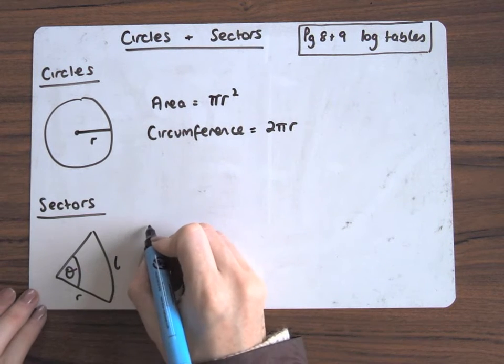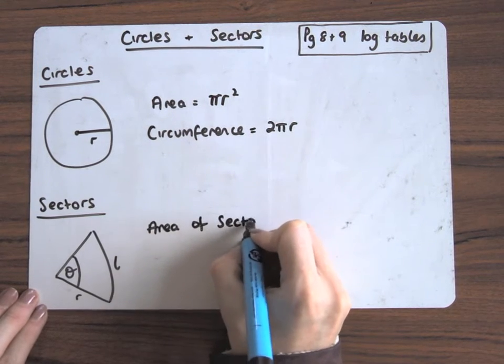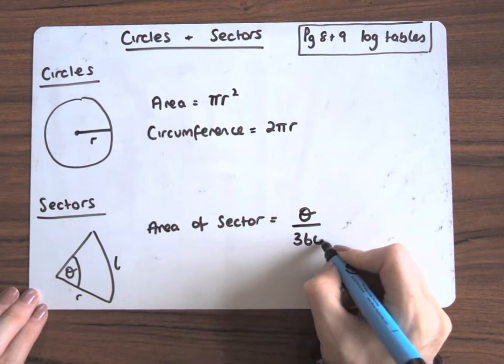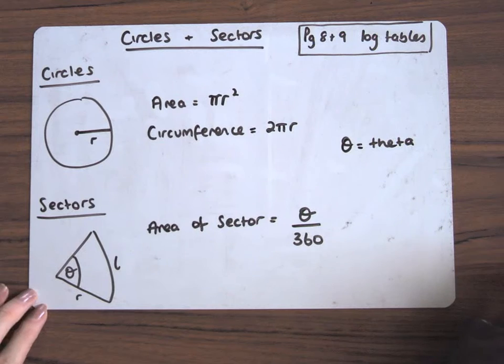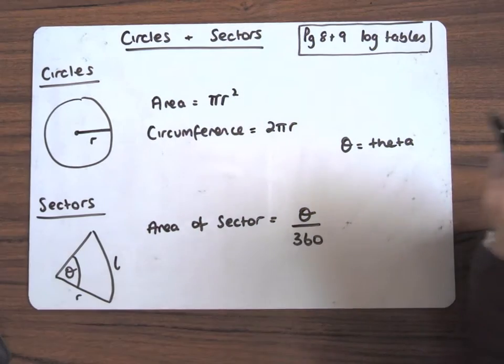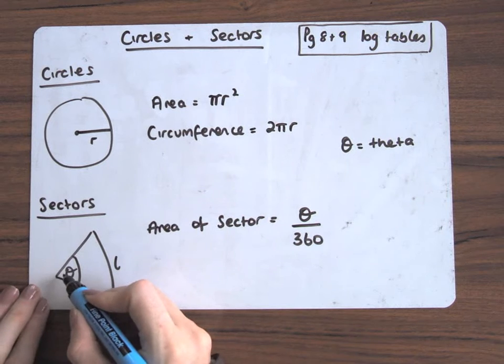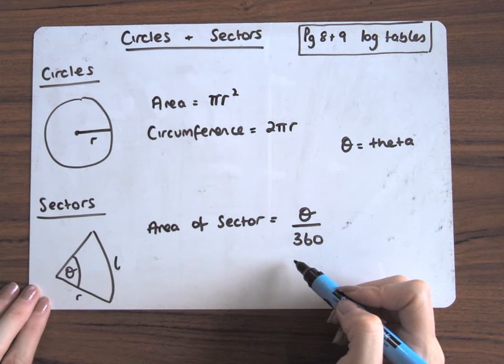Okay? So for the area of a sector, it's theta over 360. This is theta, and it's just like x, but it's for an unknown angle. So if they told me that was 50 degrees, I'd put 50 over 360.